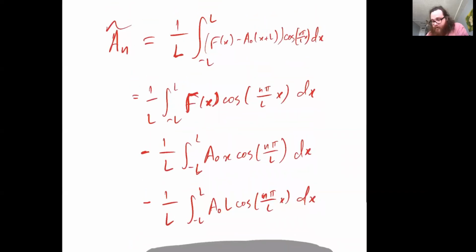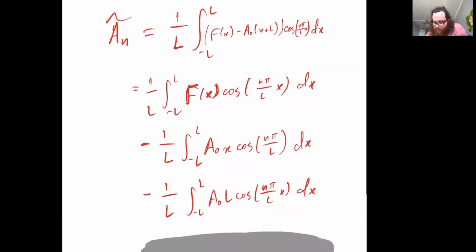Okay, so now the question is, what are these integrals? Two of them we can already ignore because they're 0. The observation is that cosine is an even function, and there should be an x in here. Cosine is an even function, x is an odd function.